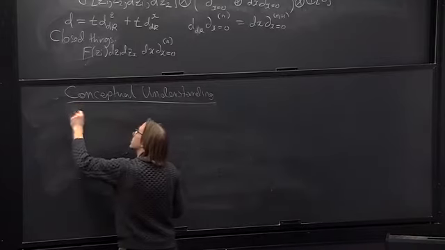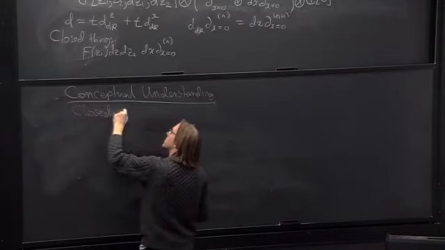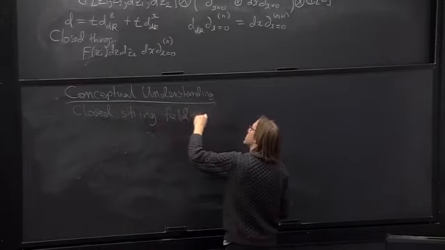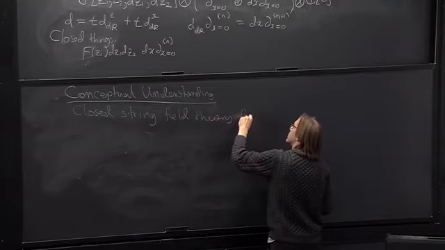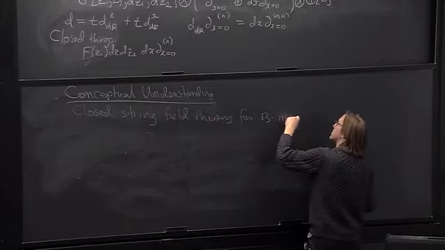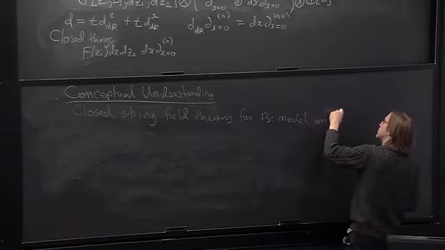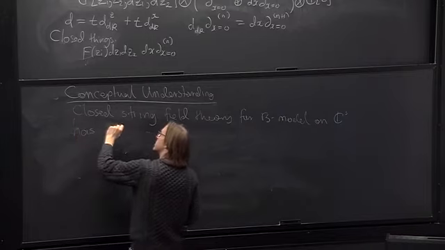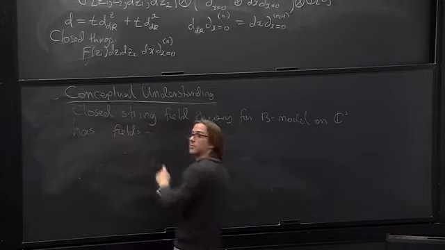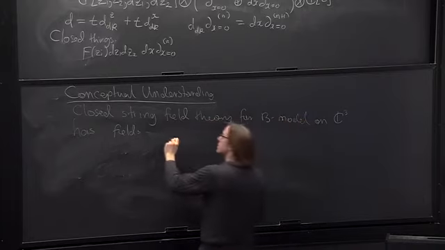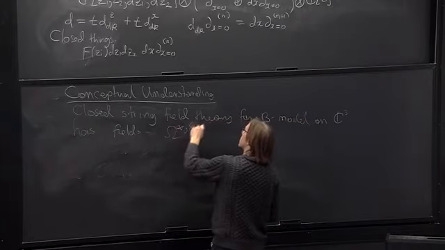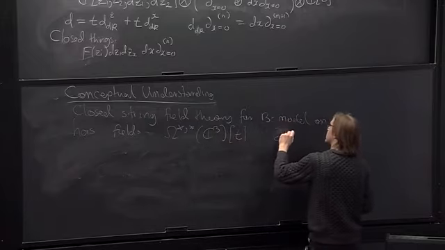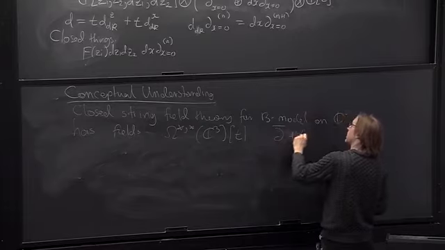So if you look at the closed string field theory for the B model on C3, as fields, one way to write the fields, you can write them as polyvector fields, like we did before, or we can write them as differential forms. So omega star of C3 with differential D bar plus T partial.